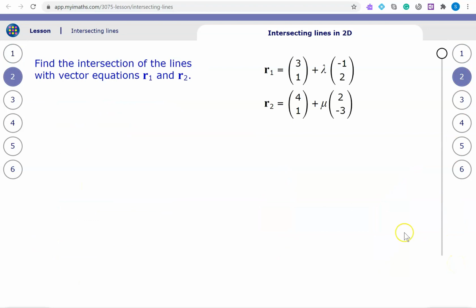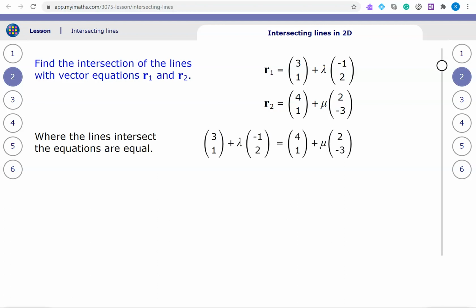So if we have 2 lines, and the vector equations are given as follows, where the lines intersect, those equations are going to be the same. So in other words, I can make this statement here that this equation there is going to equate to this equation there, because there's a point that will satisfy both equations.